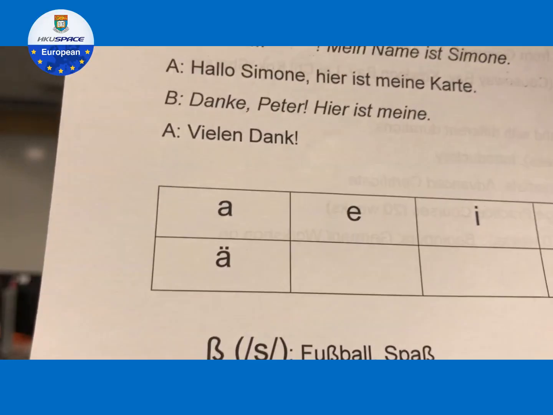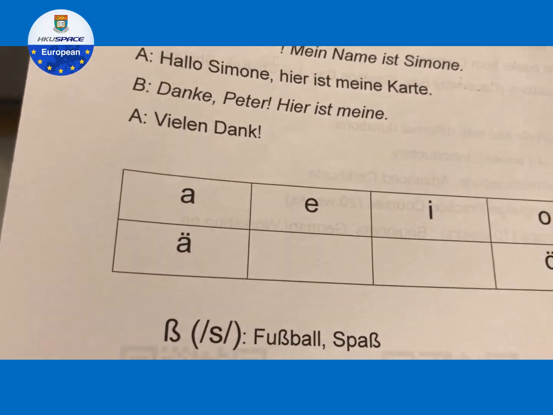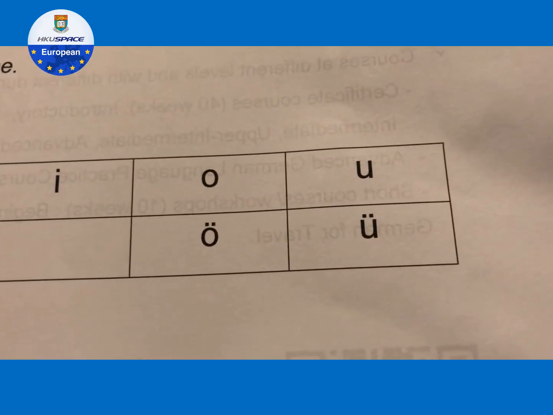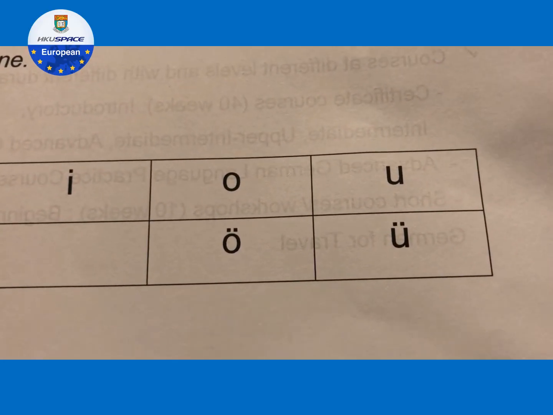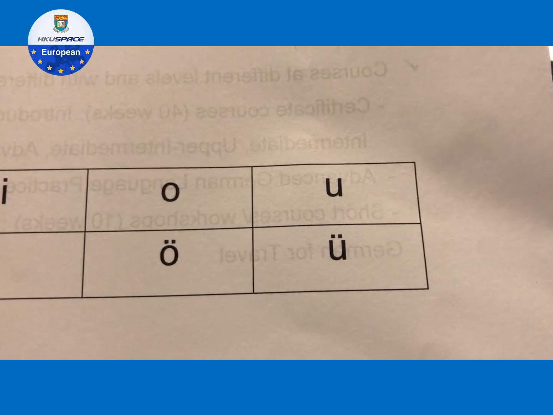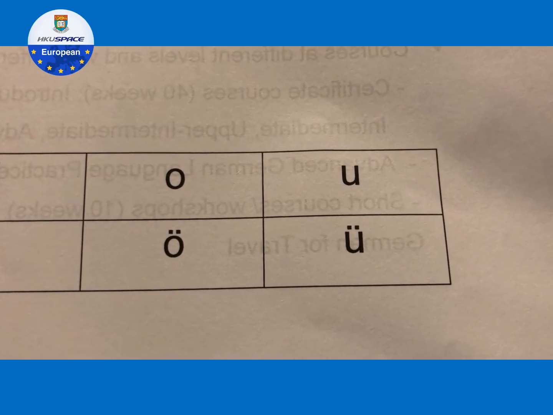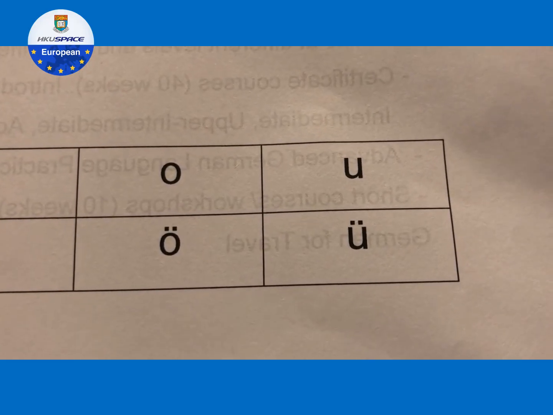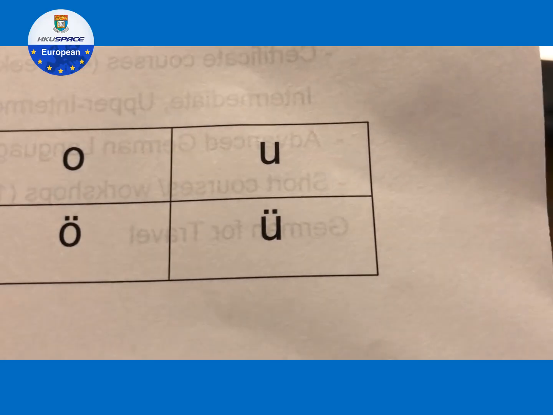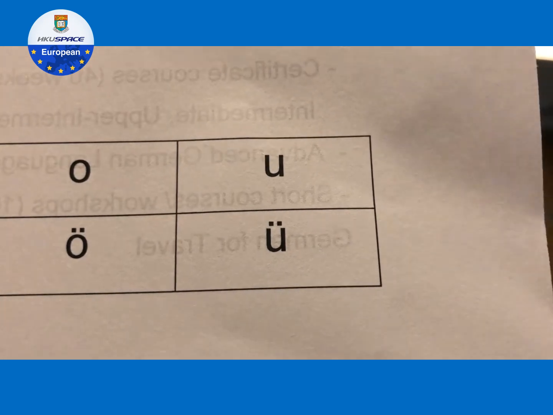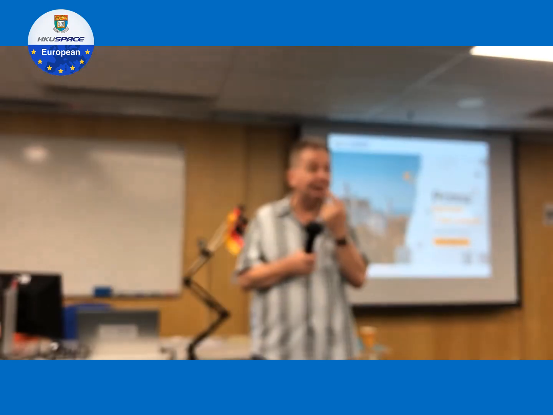Okay, there is nothing like this for A and E, but we come to O. So the mouth gets a little bit rounder, the lips go out a little bit. And the last one, even more extreme than with the O. Now you feel maybe a little tension here, right?